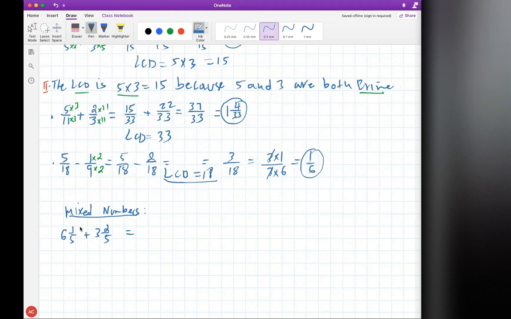When you have addition of 2 mixed numbers, you can add the whole numbers together, especially if you have fractions with the same denominator, it's easier to just add the 2 fractions together. So 6 plus 3, the whole parts. Then you add the fractions together, so 1/5 plus 2/5. So from here we'll have 9. And what is the sum of these 2 fractions?